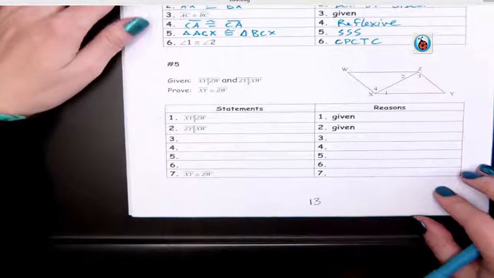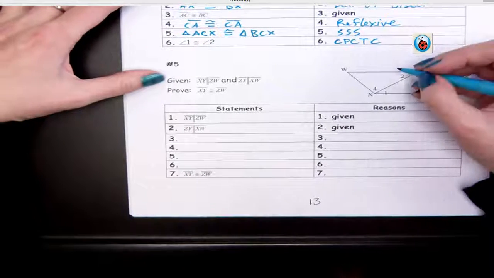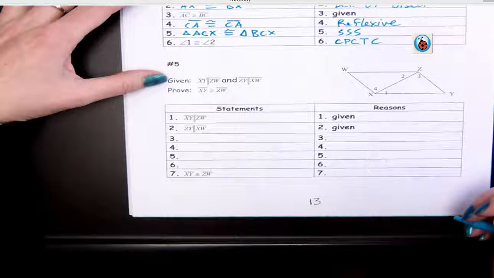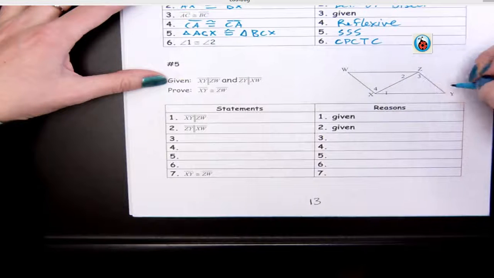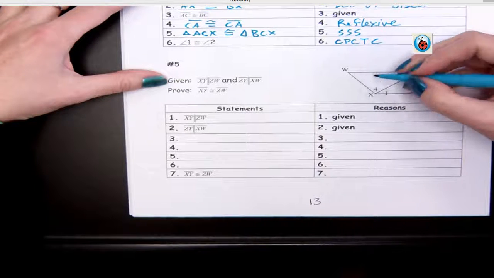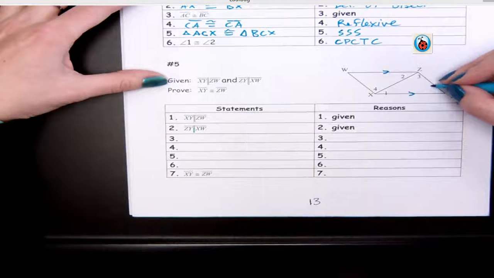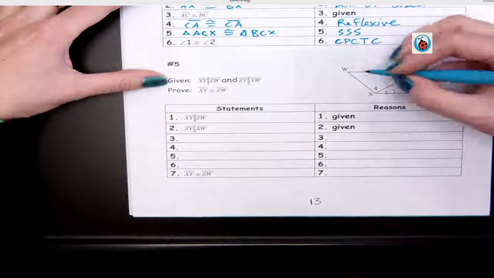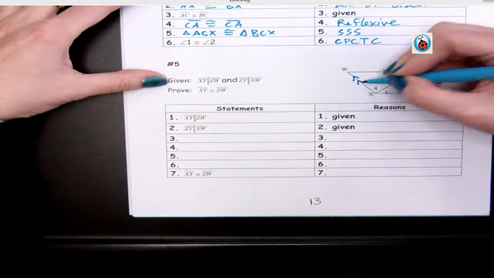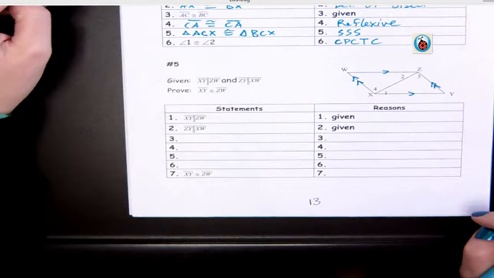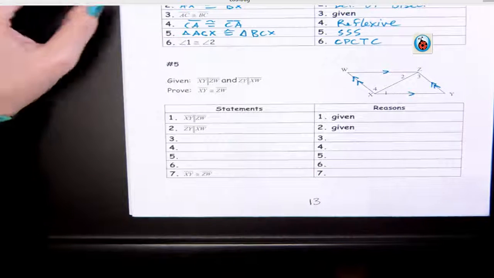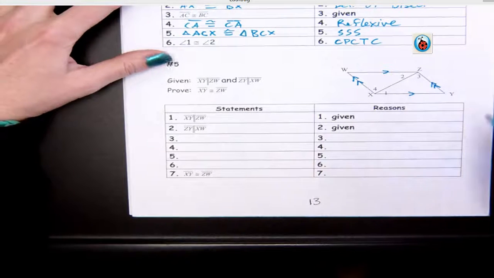Okay, and our last one. So there are two parallel lines given. So XY is parallel to ZW. ZY is parallel to XW. And remember, when we have parallel lines, we look for alternate interior angles.